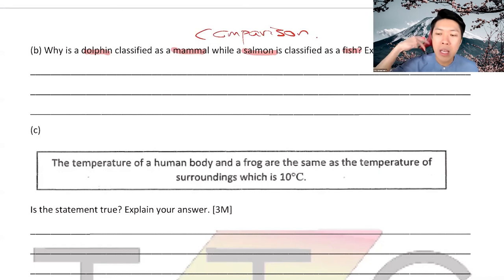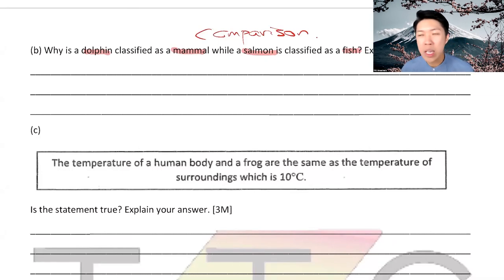it breathes through lungs, right? Fish breathes through gills. What else? Dolphin gives birth. That's correct. And salmon lays eggs. And by the way, one more extra for you.